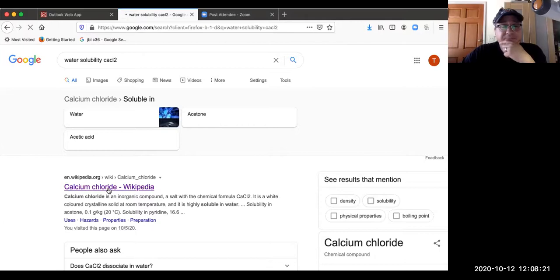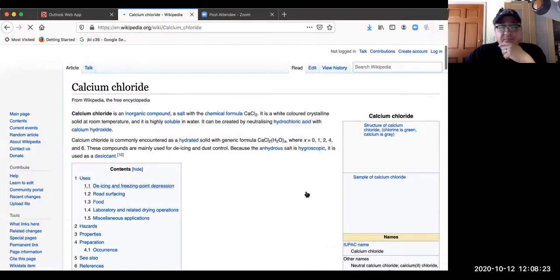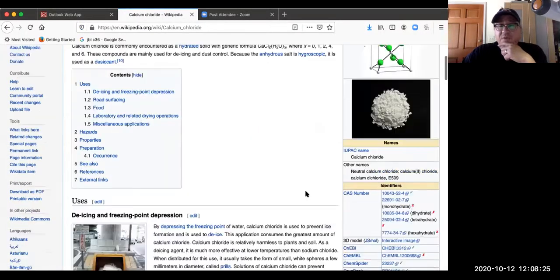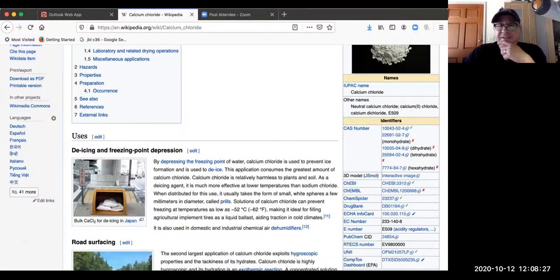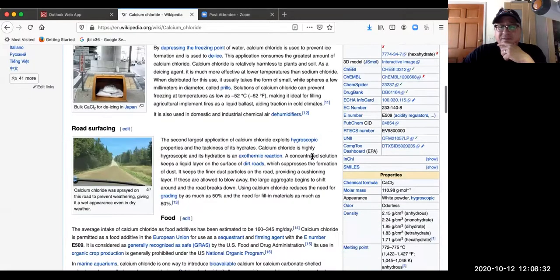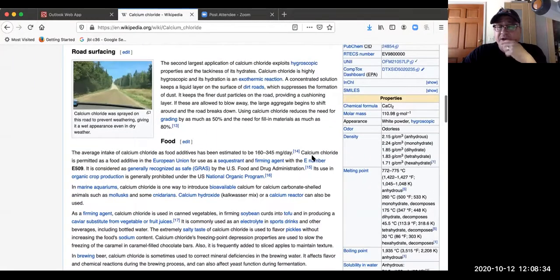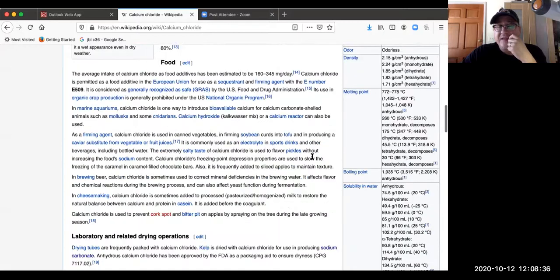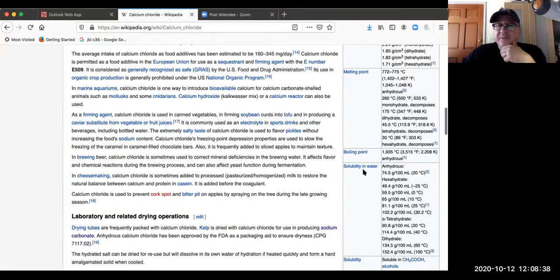I'm going to go here. And if you look to the right, do you see the list of properties? Density, melting point, are you with me? And then you see the solubility of water. So 20 degrees Celsius is approximately room temp. So this says that 74 grams dissolves in 100 milliliters.